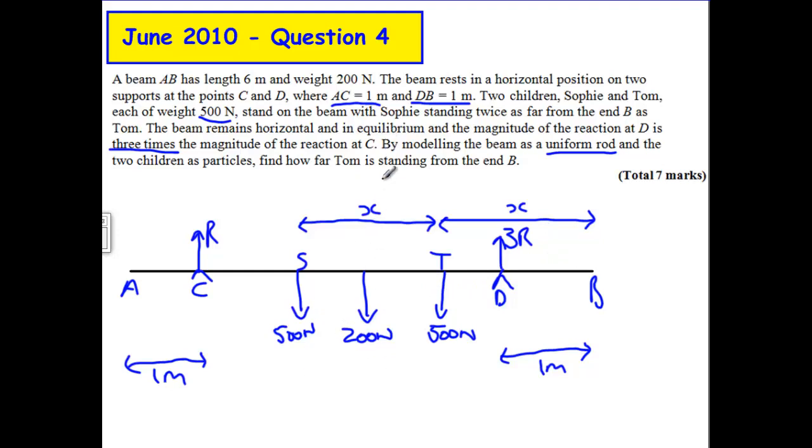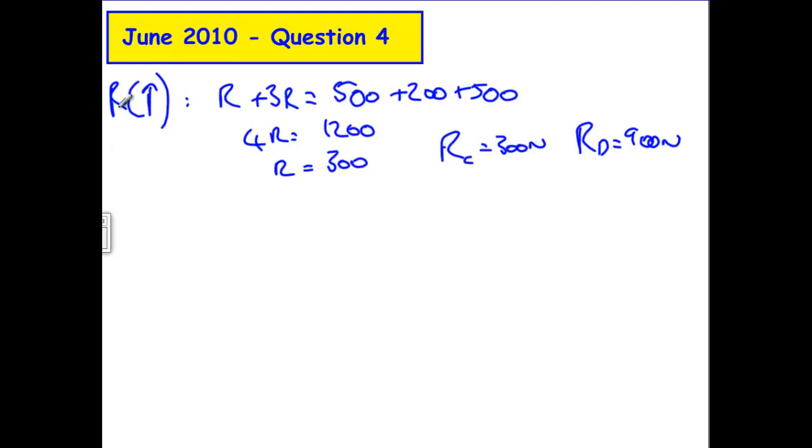And because the beam is in equilibrium, I can set those equal to one another. And remember that for any moment, it's the magnitude of the force times the distance from where you're taking moments about. So, just like I made it clear to the examiner that I'm resolving vertically, I'm going to make it clear to the examiner that I am taking moments, excuse the bad handwriting, at B.